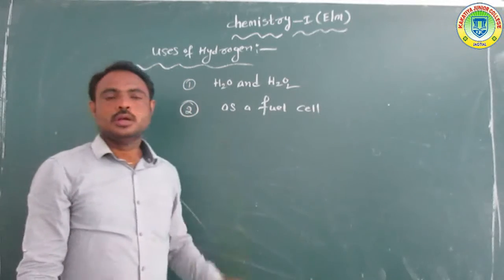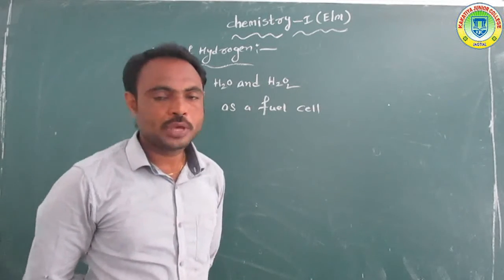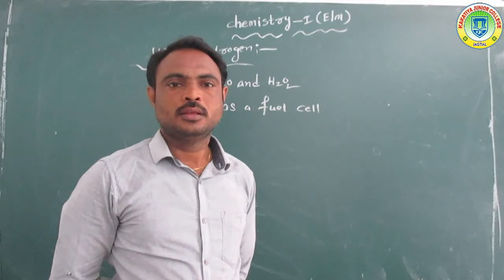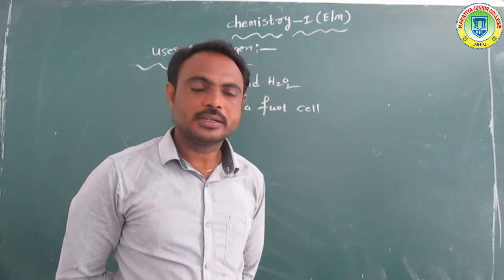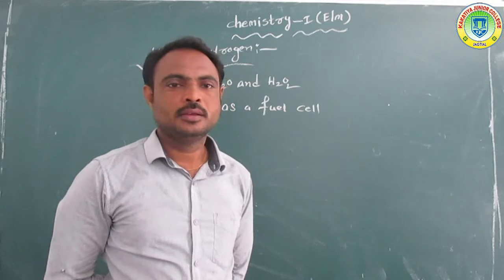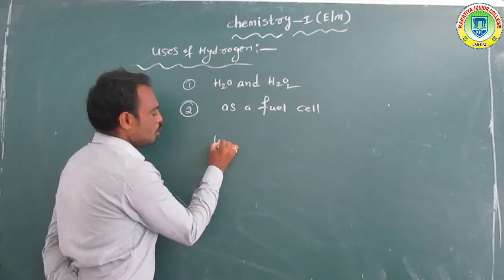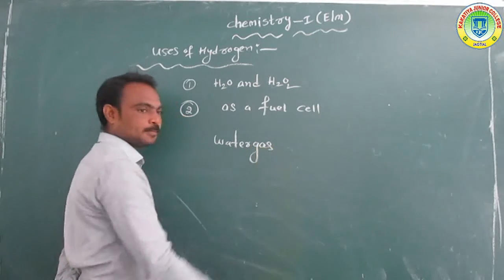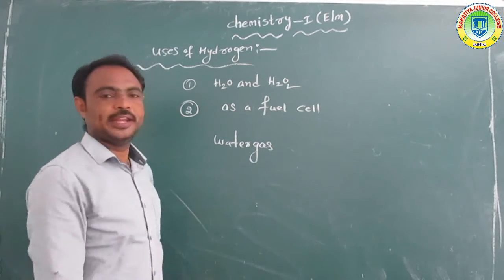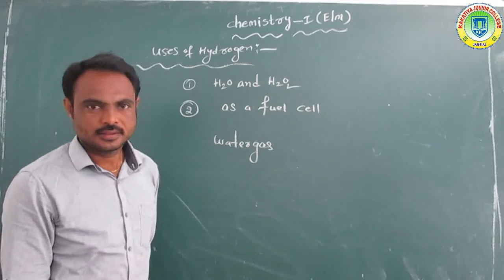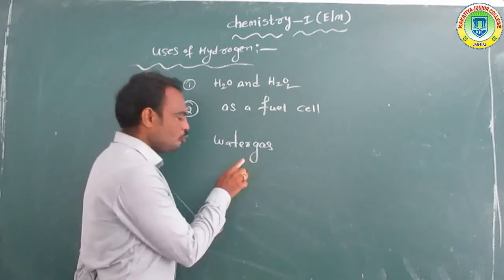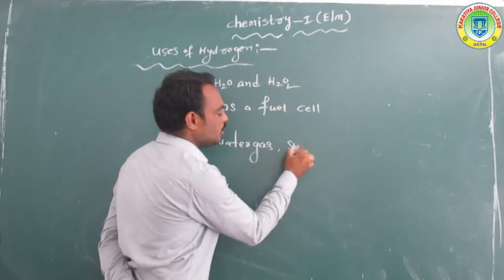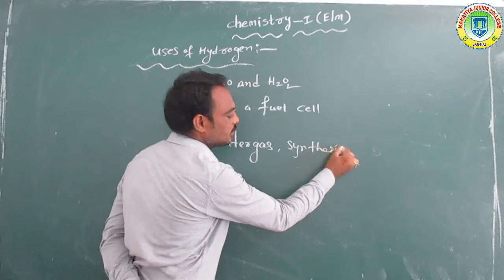Hydrogen is mainly used as a fuel. Different types of fuels are there. For example, it is mainly used for the preparation of water gas. It is a very important thing, water gas.